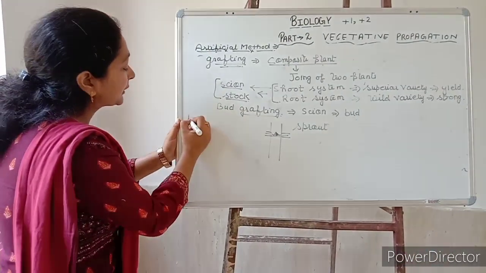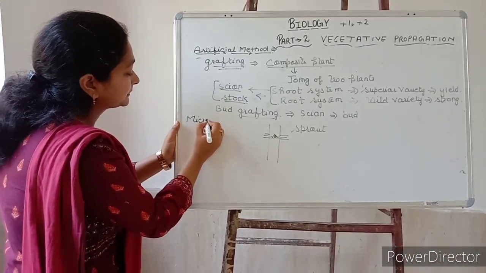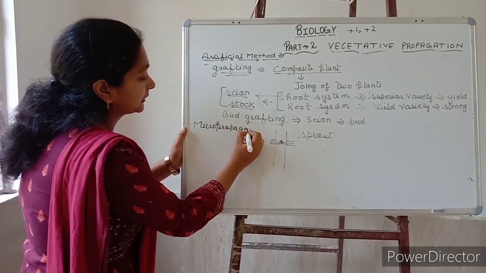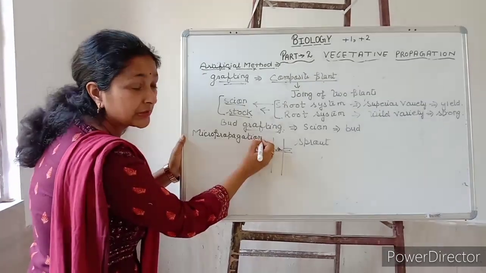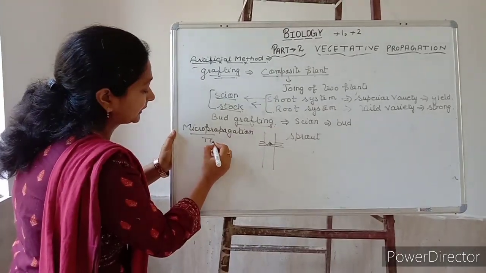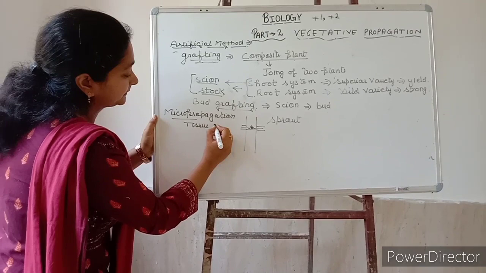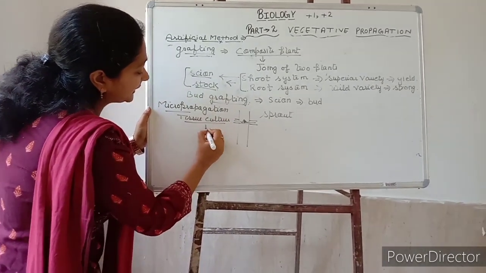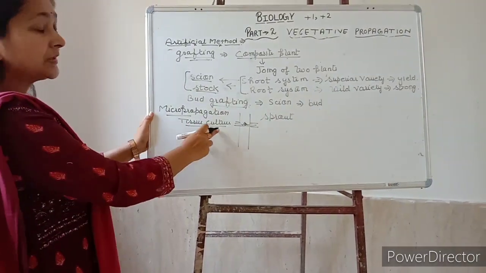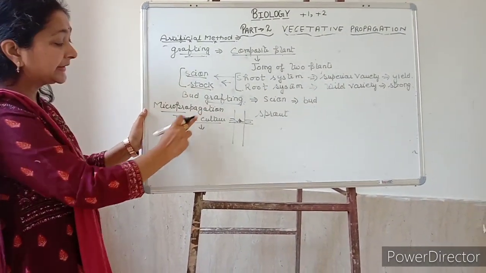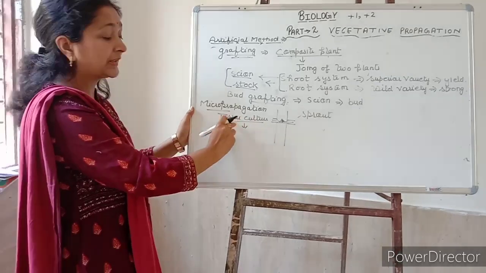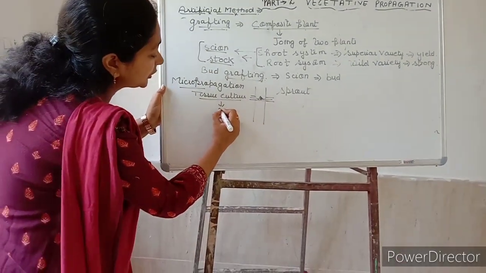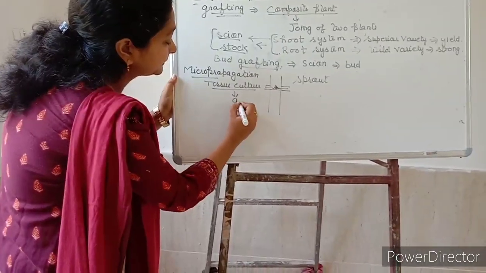Last one is micropropagation, or tissue culture technique. In this method, a culture is artificially formed and a large number of plants are grown in that culture, and this culture is pathogen or germ free.